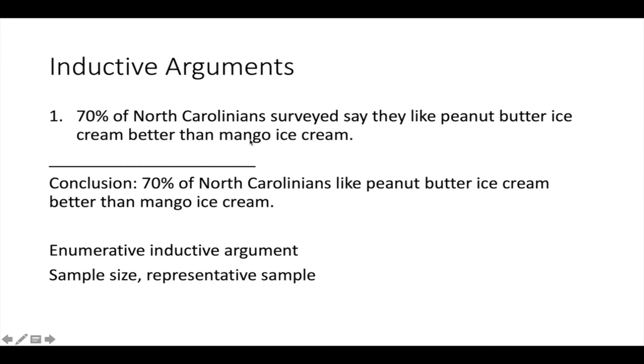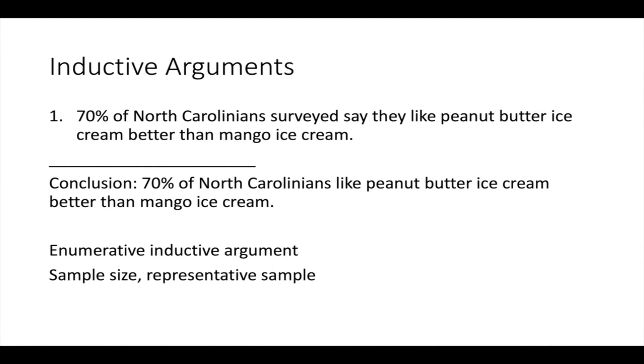Okay, here's another example of an enumerative inductive argument. And hopefully this shows why the sample size, the size of the survey, so how many people did we survey, matters: the more people we survey, the more likely our conclusion is to follow. So if we call 10 people, so we can get 70% of those, suppose 70% of them, that's 7 of them, say they like peanut butter ice cream better than mango ice cream.